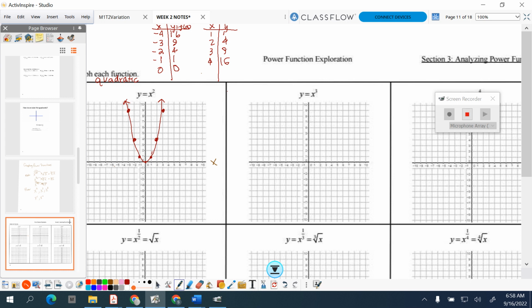And some key characteristics here, another thing to notice, is that as my x values decrease, I can look at the table, my y values, my f of x's, they're increasing. So we might write as x goes to negative infinity, algebraically, we might write f of x goes to positive infinity.